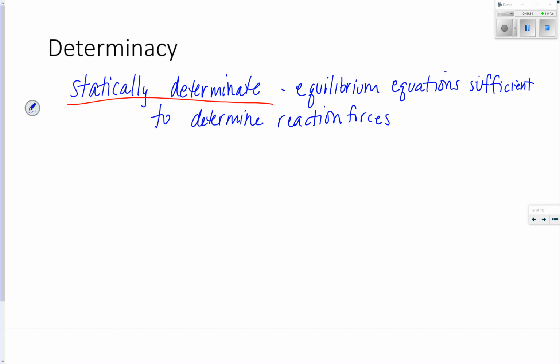If a structure is statically indeterminate, the opposite is true.